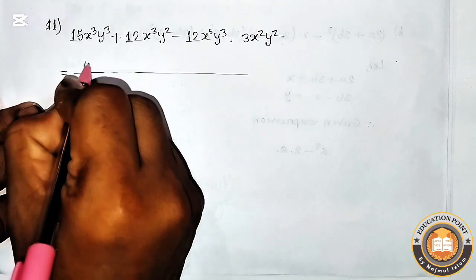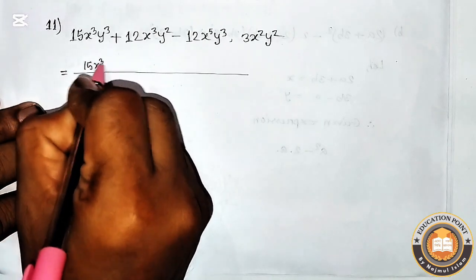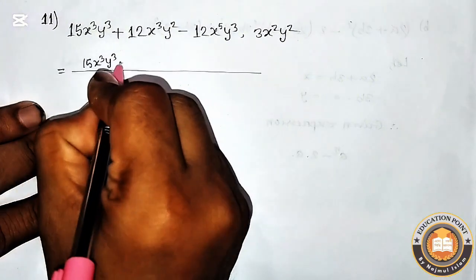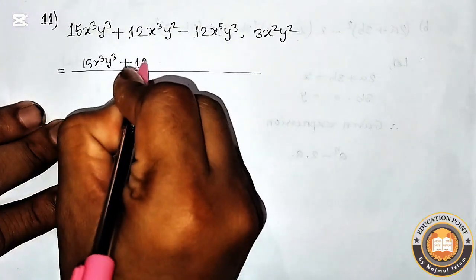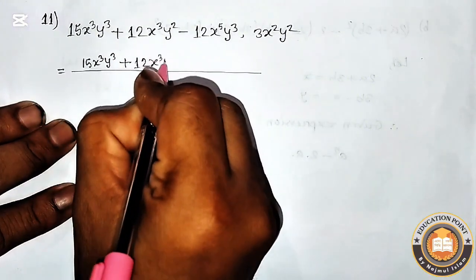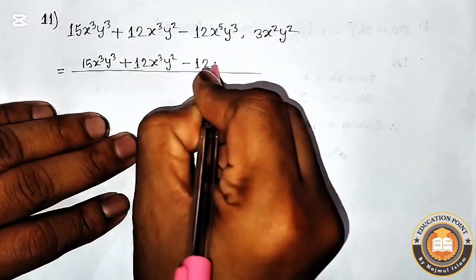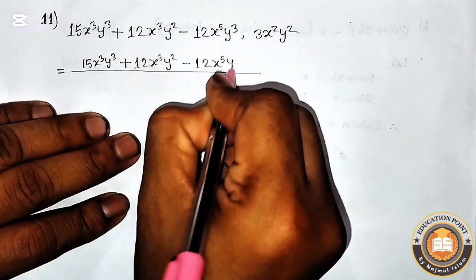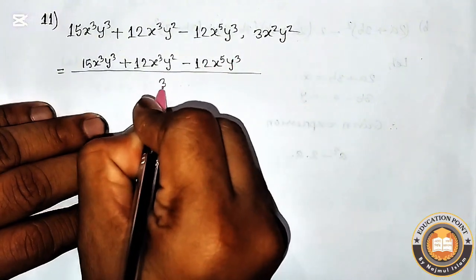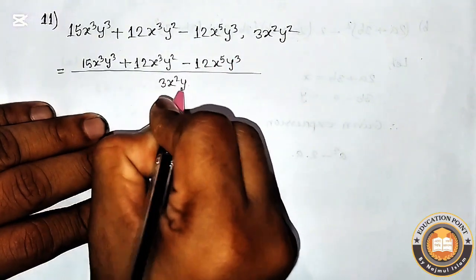Number 11: 15x cube y cube plus 12x cube y square minus 12x to the power 5 y cube divided by 3x square y square.